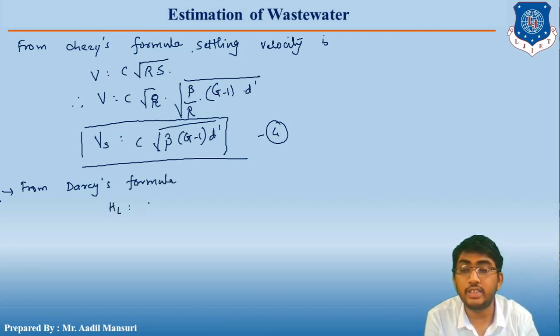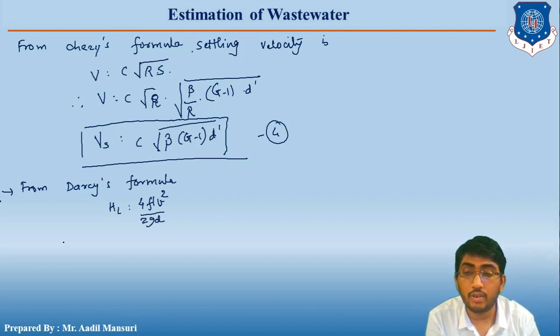We have been studying this equation for a long time: 4FLV square upon 2GD, right? Therefore head loss by L, that is HL by L, will be equal to, instead of 4F, I'll write F dash into V square upon 2GD, right?